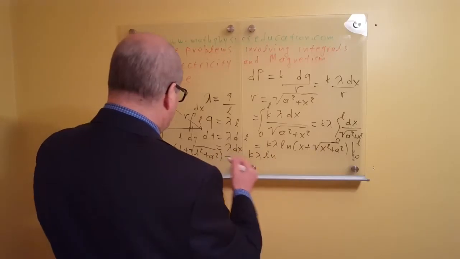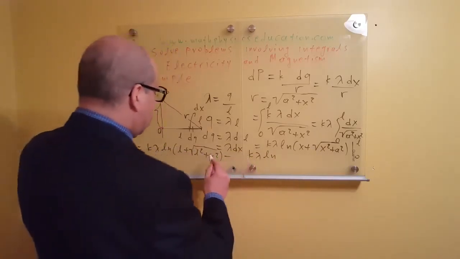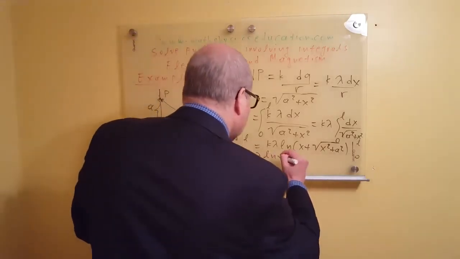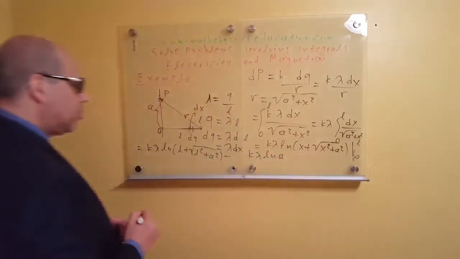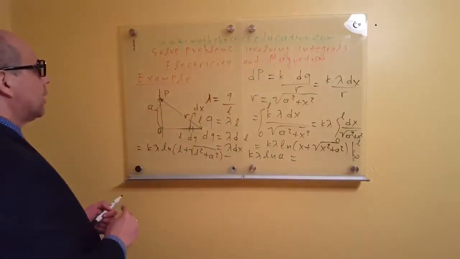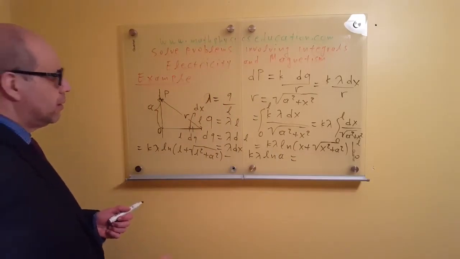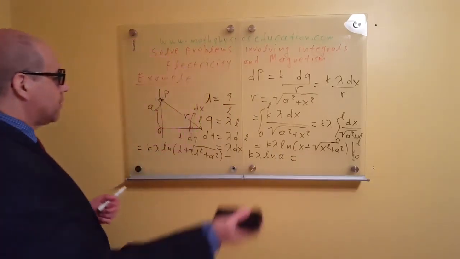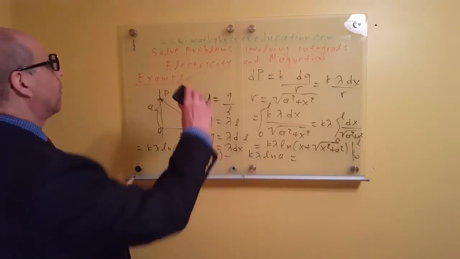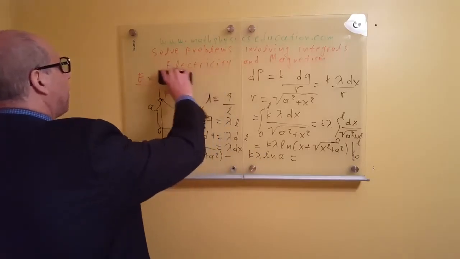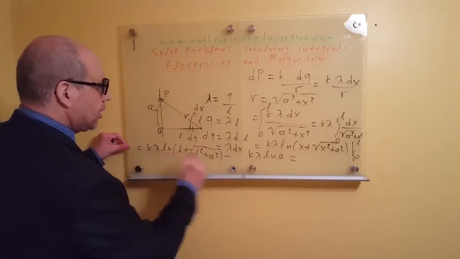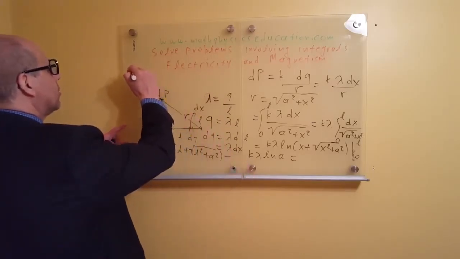Because of the rules of logarithmic functions, you can write this ln minus this ln as ln of L plus the square root of L square plus a square, over a.